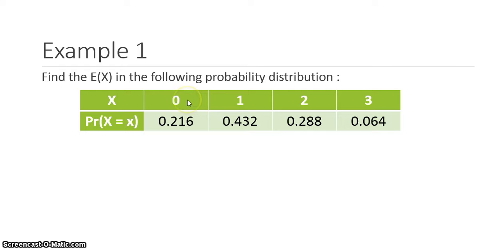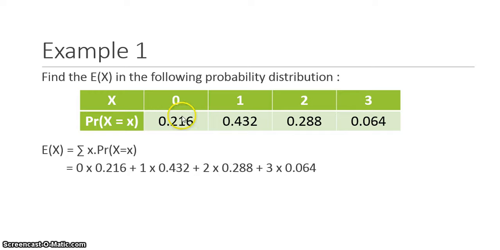So we would say 0 times 0.216 plus 1 times 0.432, 2 times 0.288 and 3 times 0.064. When I get my answers, I add them together. This calculation is shown here.